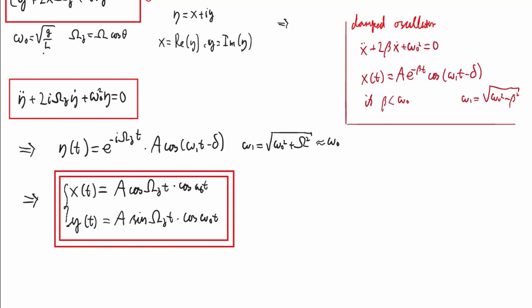Now, what it looks like is that we have an oscillator with an oscillating amplitude, and that oscillating amplitude is 90 degrees out of phase in x and y.